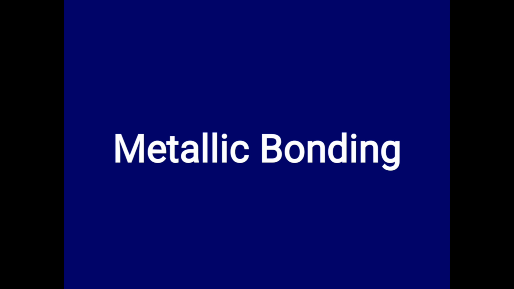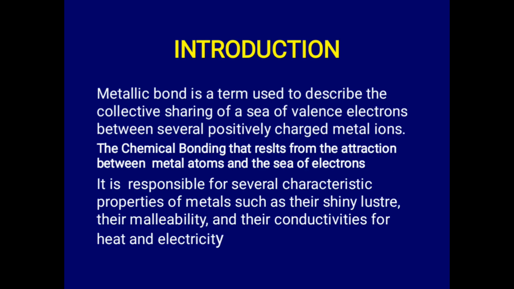So let's get started. Now, metallic bond is a term used to describe the collective sharing of a sea of valence electrons between several positively charged metal ions. So the term metallic bond is a chemical bond that results from attraction between metal atoms and the sea of electrons.